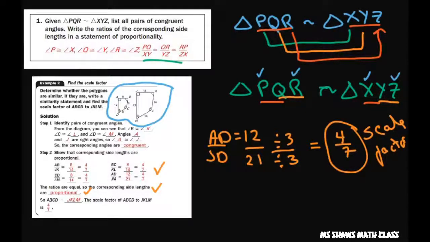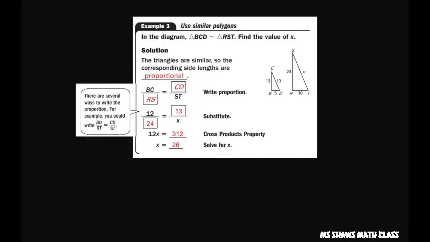All right, and the next one, here's another example. The triangles are similar, so the corresponding side lengths are proportional, and we need to write a proportion, and we can write them different ways. Of course, we did that in the last lesson.